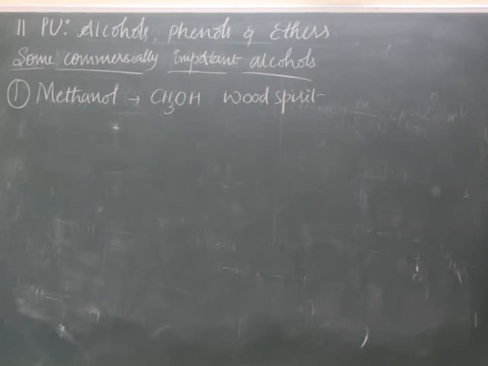Carbon monoxide and hydrogen react in the presence of zinc oxide and Cr2O3 at 200 to 300 atmospheric pressure, leading to the formation of methanol, and the temperature is 573 to 673 Kelvin.